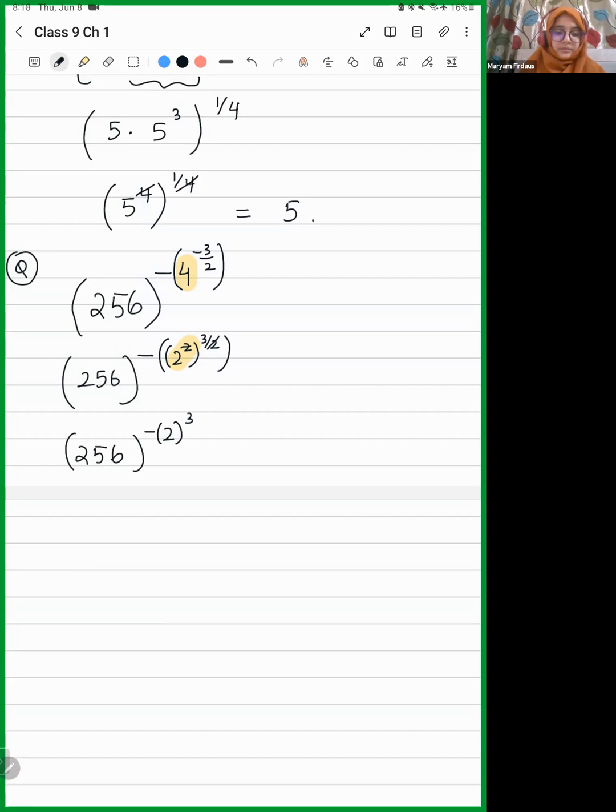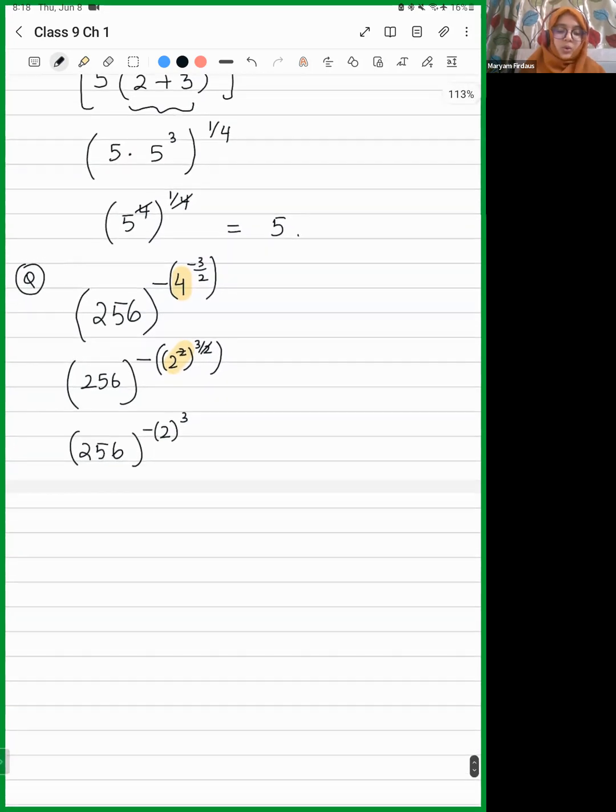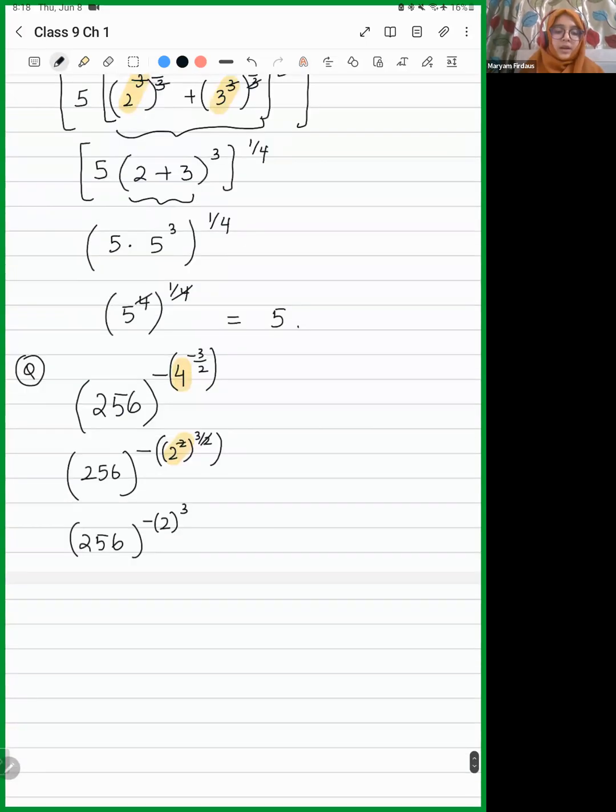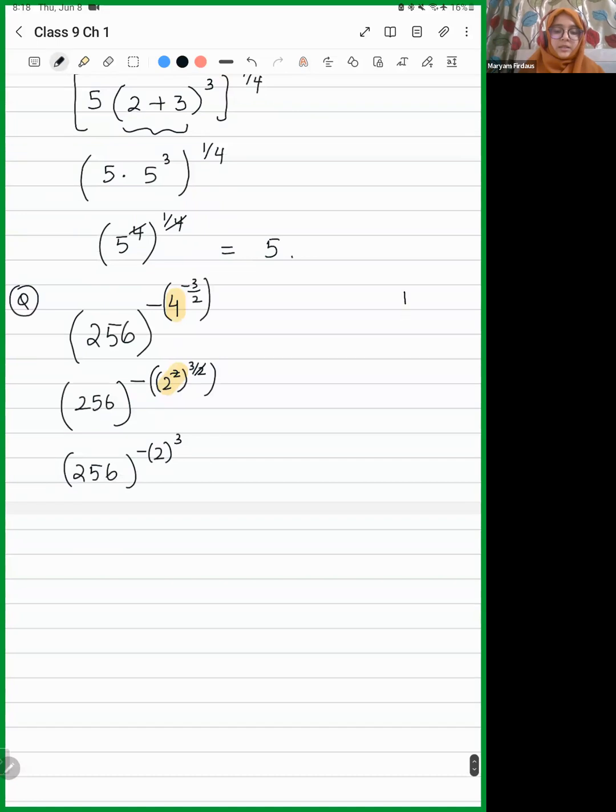Ma'am, I don't know how to simplify this 256. Try, what is 16 square? So 16 square is 256. Yes, ma'am.